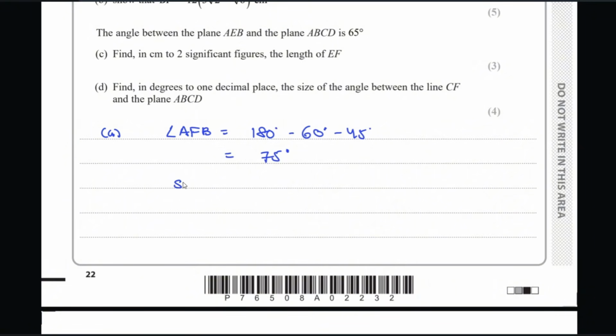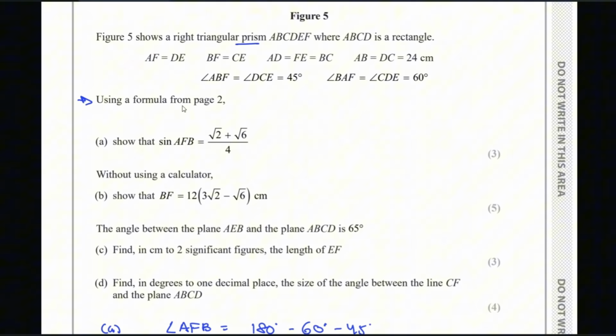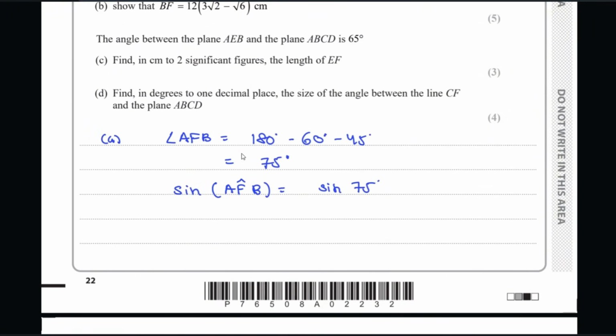That means sine AFB is equal to sine 75 degrees. And we have to find the value of sine 75 using a formula from page 2. The only way we can do that is by using special angles or using the trigonometric formulae from page 2.